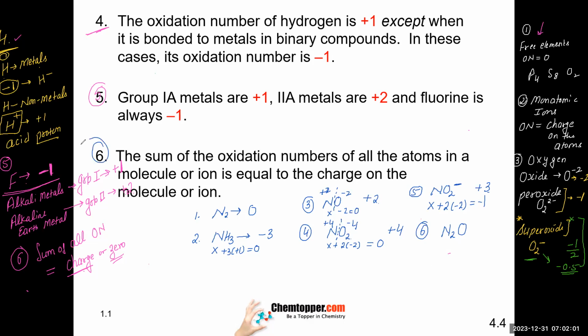You can see that nitrogen is showing so many, not a fixed oxidation number. Most of the elements show many oxidation numbers, except the ones I mentioned in the rules, like hydrogen, oxygen, first group, second group, and fluorine. They show fixed oxidation numbers. The rest all show variable oxidation numbers and you have to calculate.